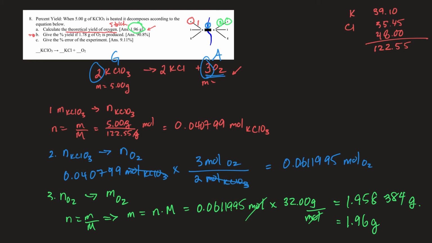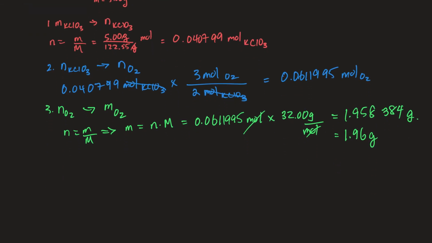Then they say give the percent yield if 1.78 is produced. So our percent yield formula is just basically like writing a test. So percent yield, let me just write that. Percent yield is equal to, and this is for question B, experimentally what you got divided by theoretical, or what you got with stoichiometry, times 100.